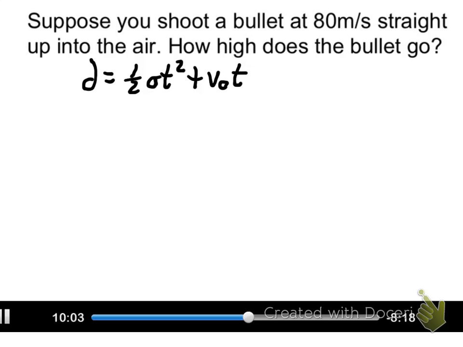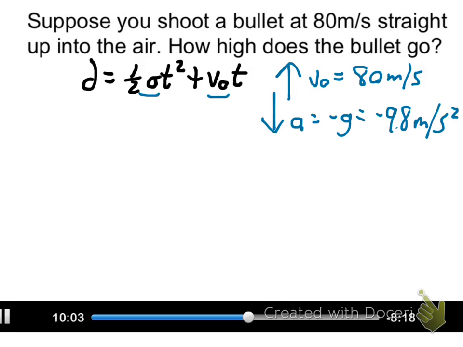We can find this by getting our bearings on this problem. If our velocity is 80 meters per second up, gravity then would be a force acting down, or an acceleration downwards. So since we have meters in this problem, we're going to use negative 9.8 meters per second squared.